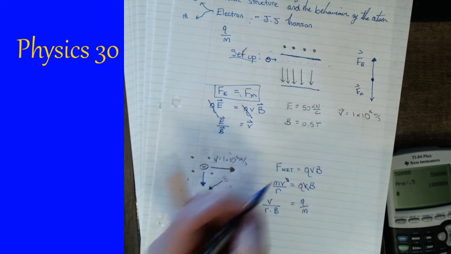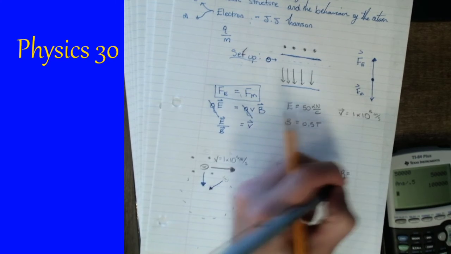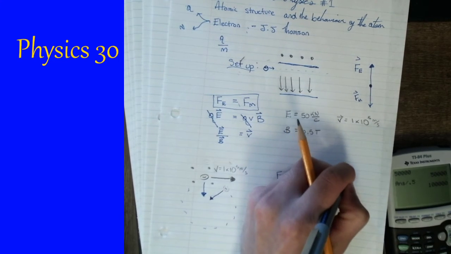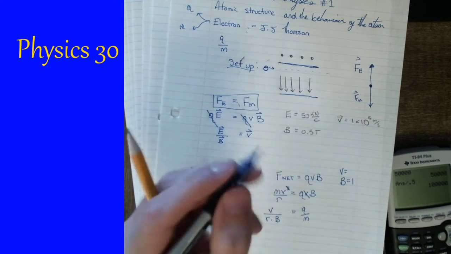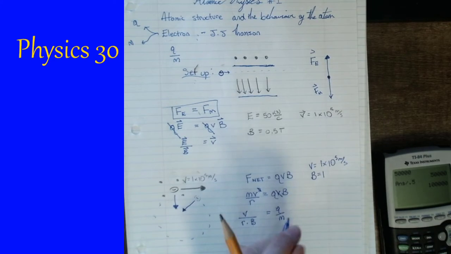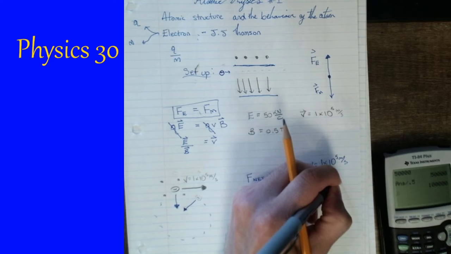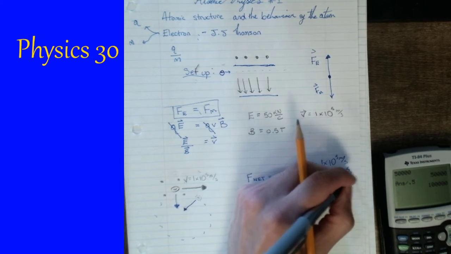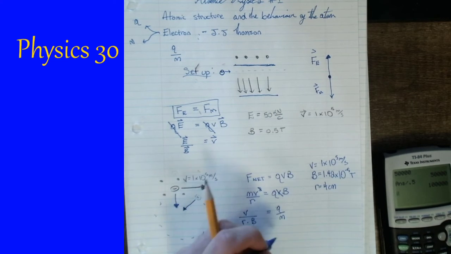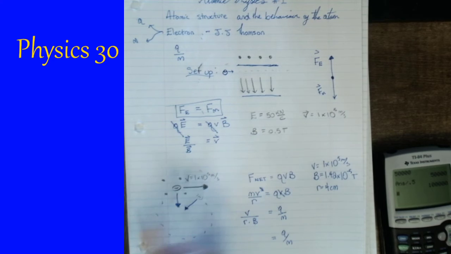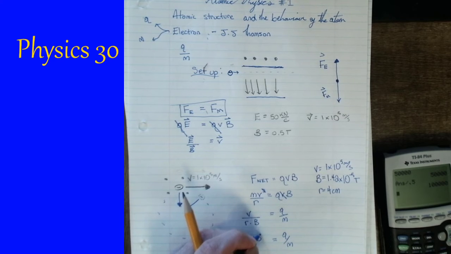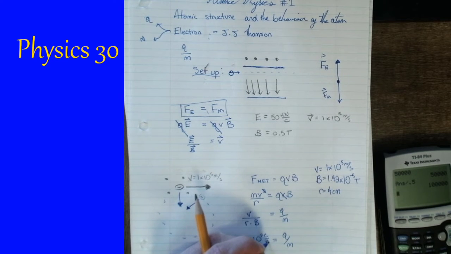And so if we actually use our V velocity value of 1 times 10 to the 5 meters per second, and a B value of 1.42 times 10 to the negative 5 Tesla, and a radius of 4 centimeters, we plug this in, the charge to mass ratio turns out to be roughly 1.76 times 10 to the 11 coulombs per kilogram.